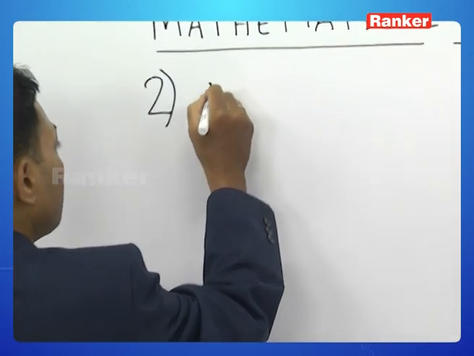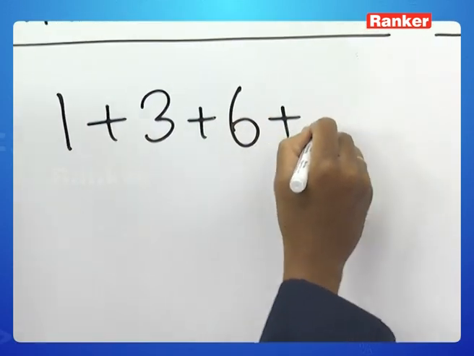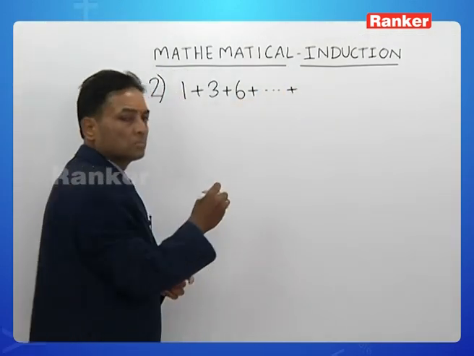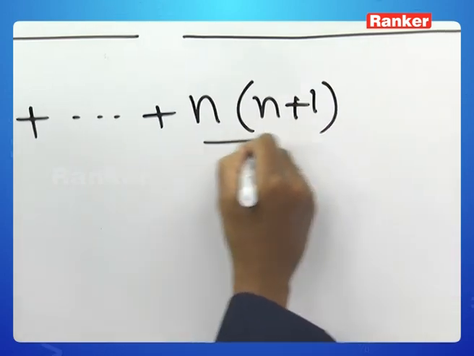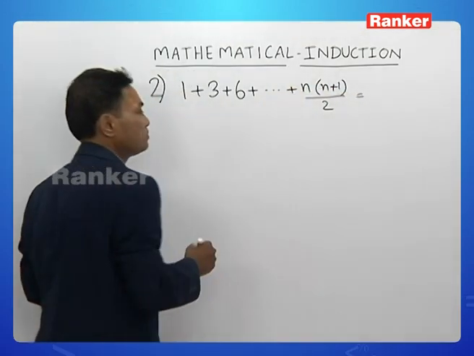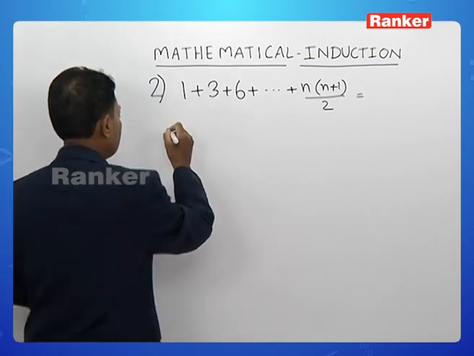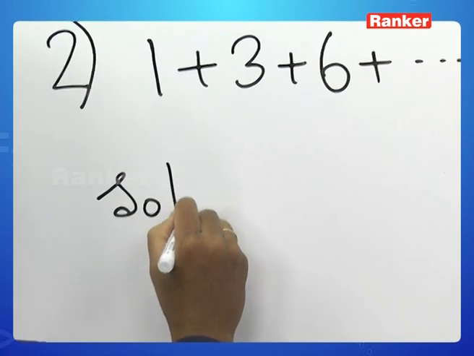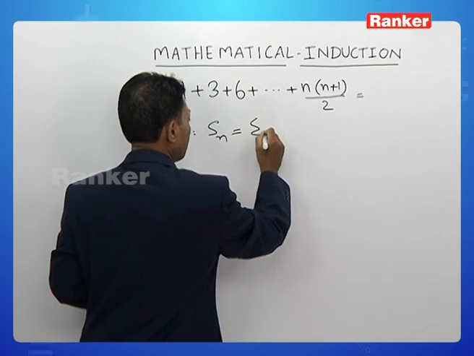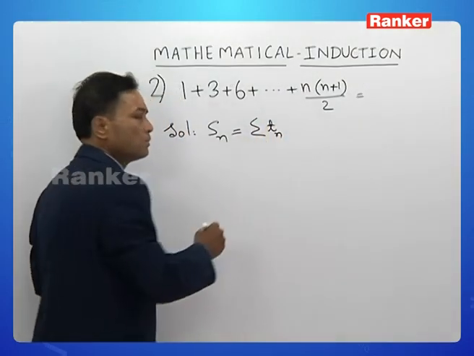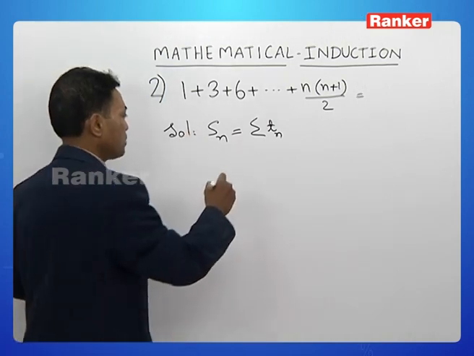So, the sum of the terms 1 plus 3 plus 6 and so on up to n into n plus 1 by 2. For this total series we want the sum, not only the nth term. There are so many methods. The first method we will do: Sn is equal to the sum of n terms, sigma Tn, sigma of the nth term. Sigma means the sum of all numbers up to there.